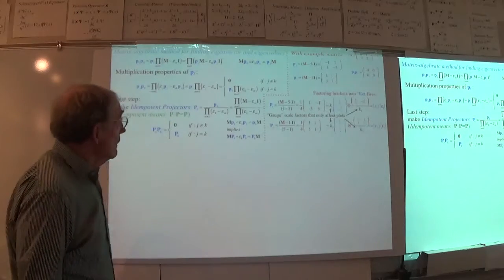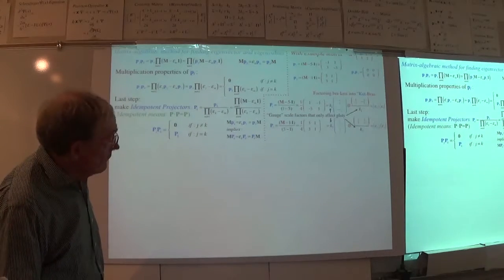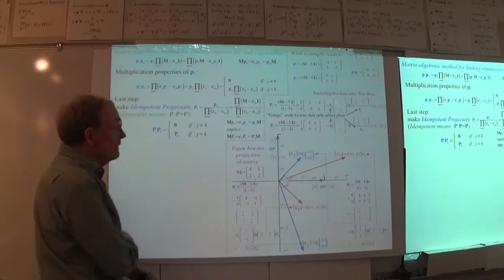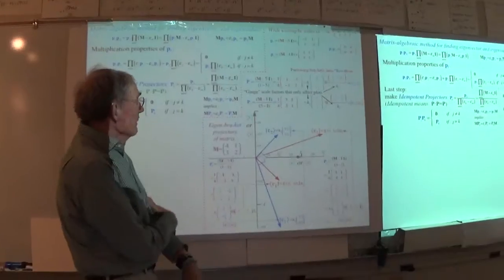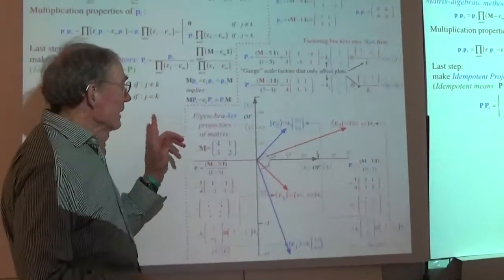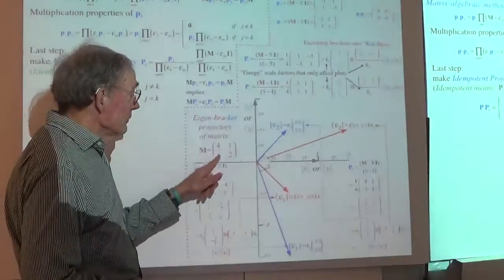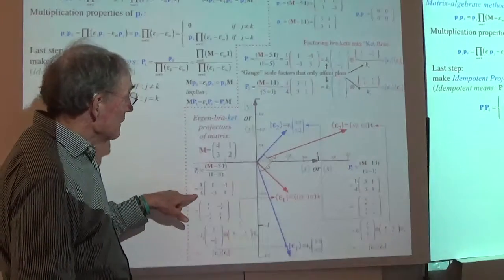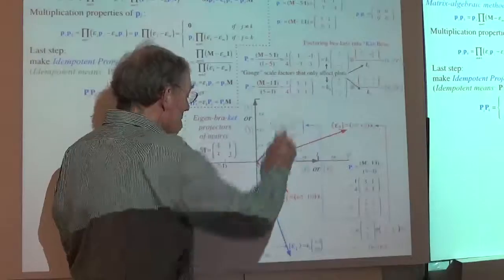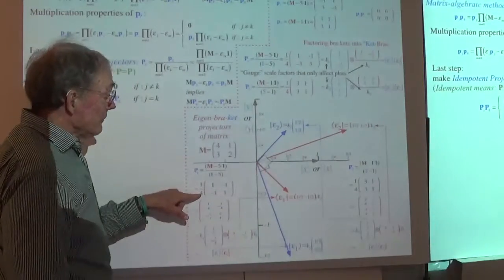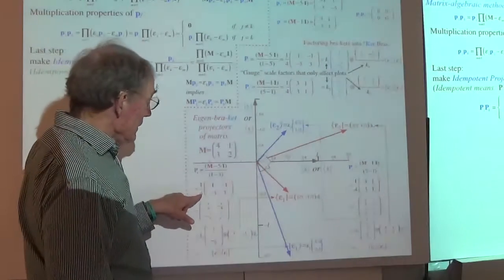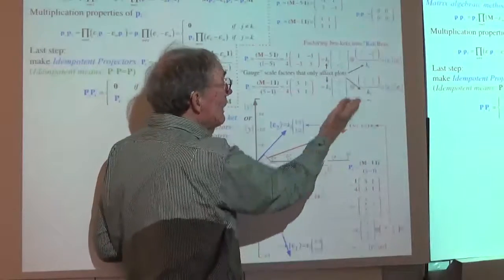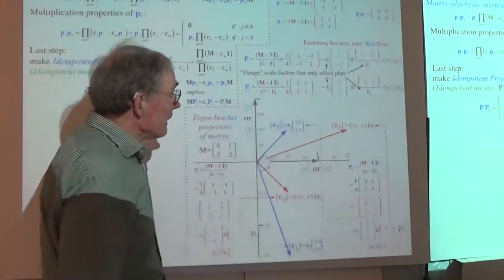Okay, so here's where we stand on this. Let's take it to the next step and graph it out so you can see what we're talking about. So here are the projectors for this matrix, 1, 2, 3, 4. There's the P1 sitting right there. What I've done is pull the eigenkets and the eigenbras out separately, just so you can look at them.